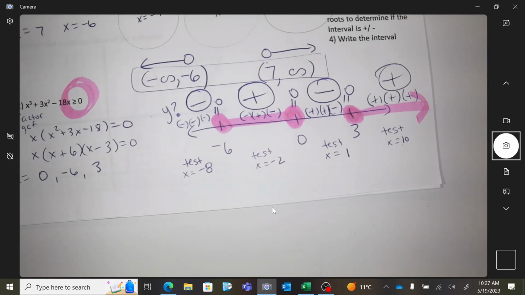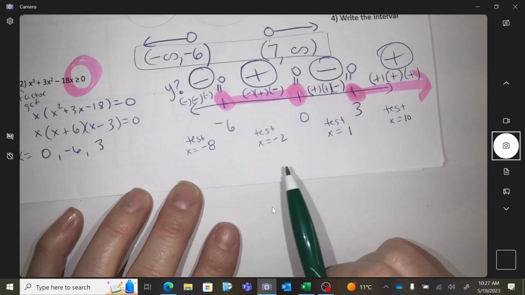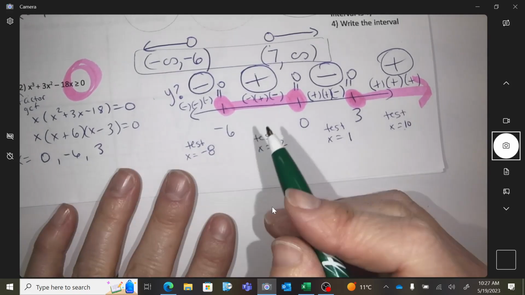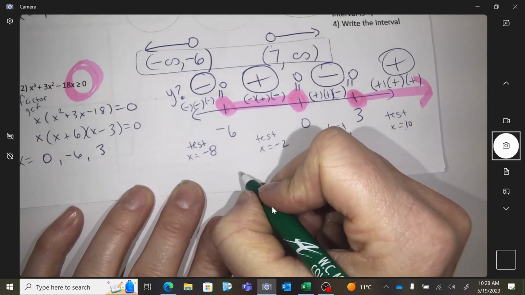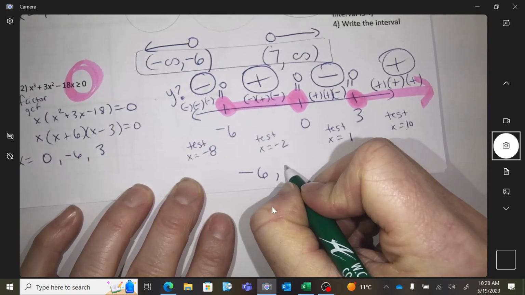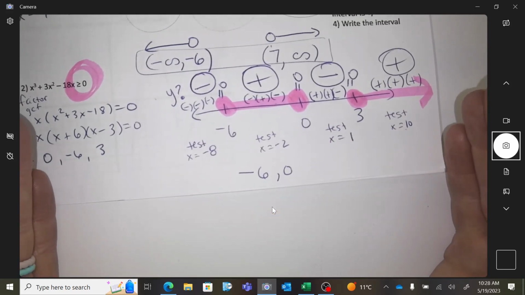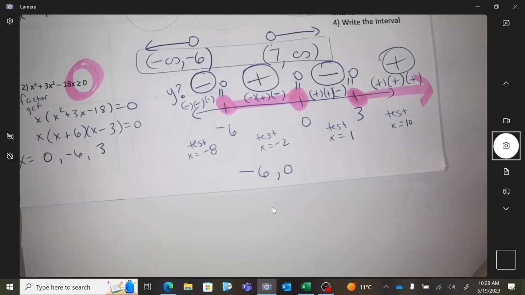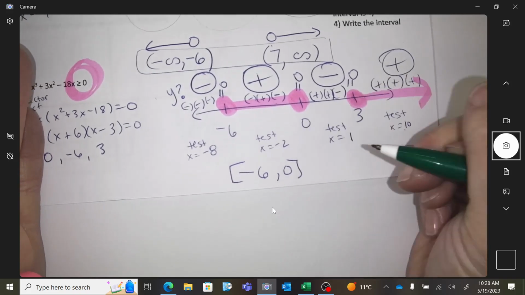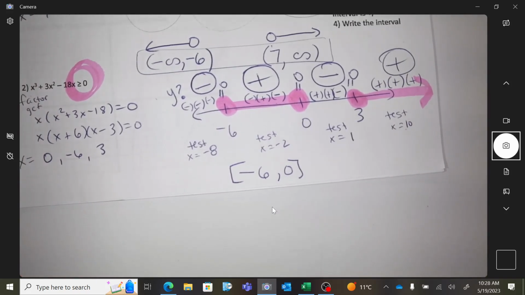So how do I write this interval domain? From what to what? Heading left to right. So this would be from -6 to 0. That's the zone there. And then bracket situation. Square brackets this time, to say I can be on that.